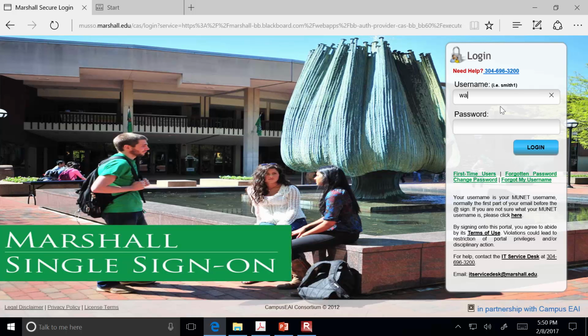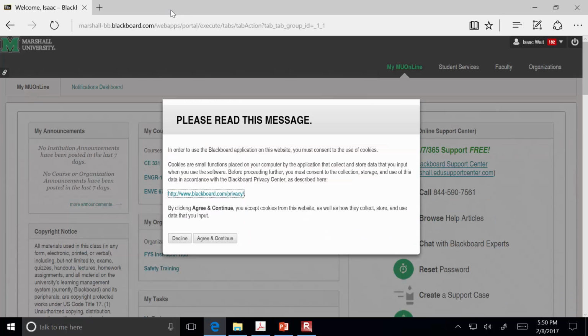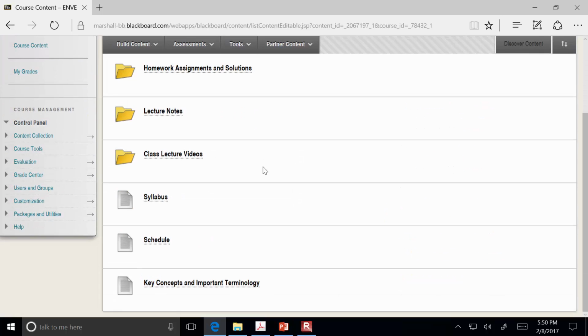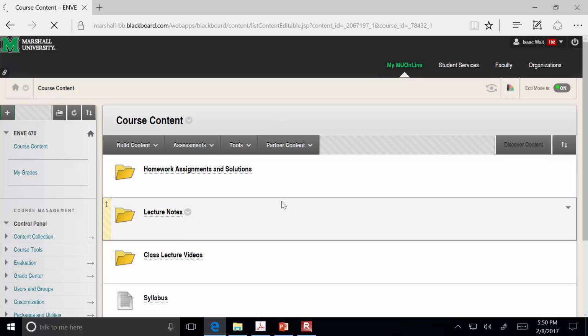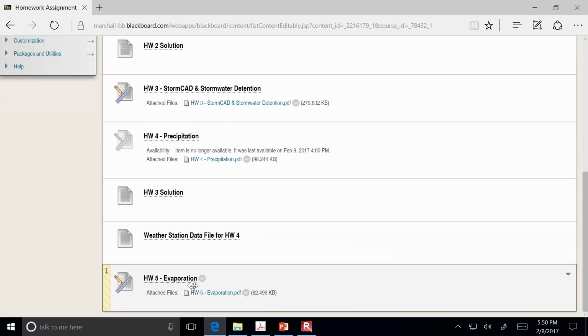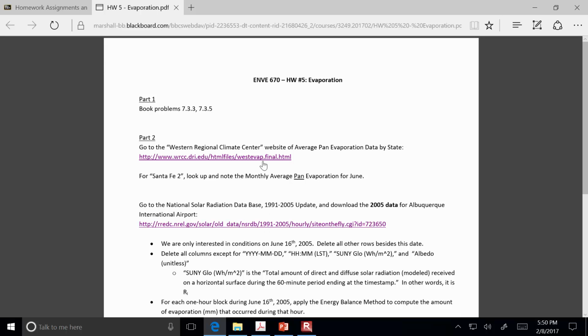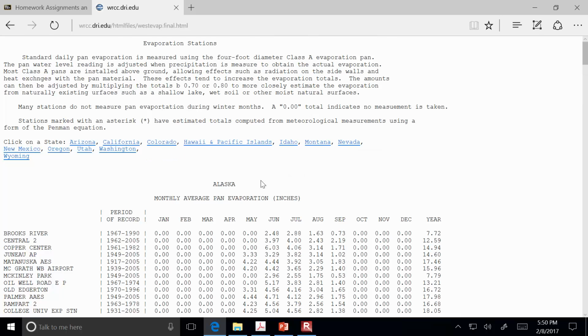I think you're just doing the energy balance, which was the first one that we did, because you can get solar radiation data for stations all across the U.S. And, okay, here's the homework assignments. Pan evaporation is easy enough to get. Here's the pan evaporation averages.